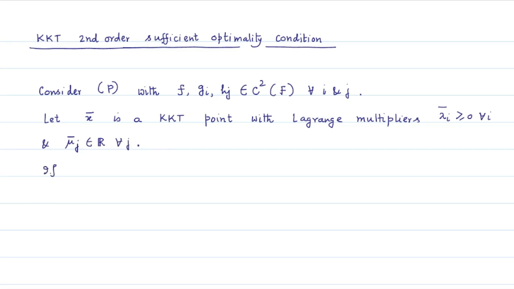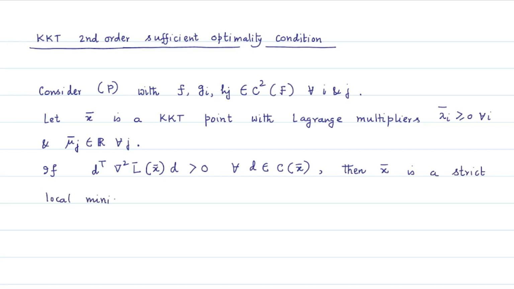Then if the Hessian of the restricted Lagrangian at the point x bar is positive definite for all directions inside the set of directions C x bar, then x bar is a strict local minimum of the constrained optimization problem.